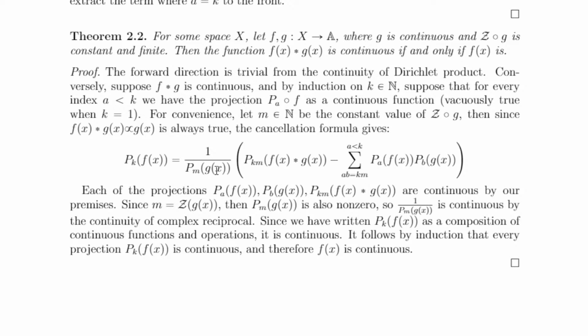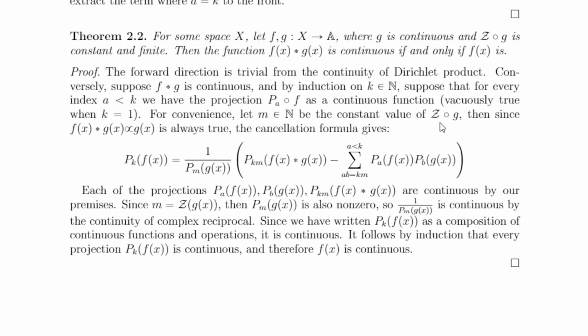And that means that because this projection is continuous and always non-zero, its reciprocal is also continuous. That's a key property here, that this first term is continuous, even though we're taking its reciprocal, because it's always non-zero and the g function is continuous. So we have this continuous thing times this continuous thing minus this finite sum of this product of these other continuous things, and that's all continuous.